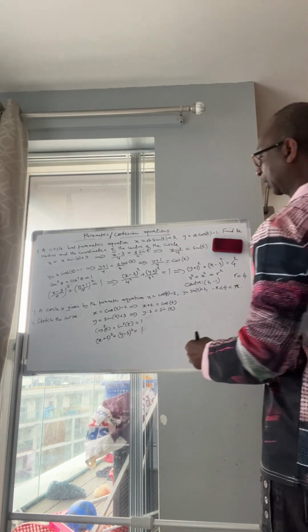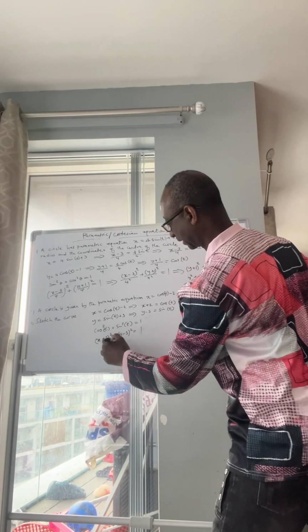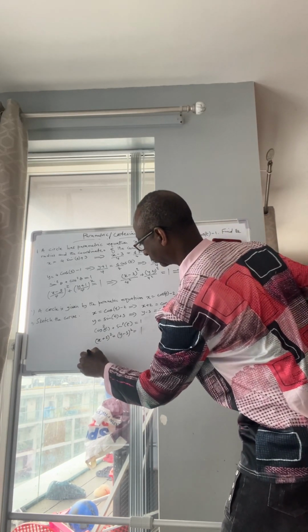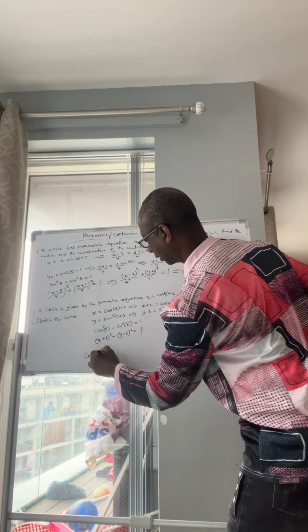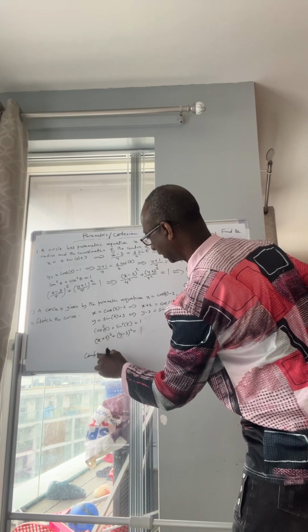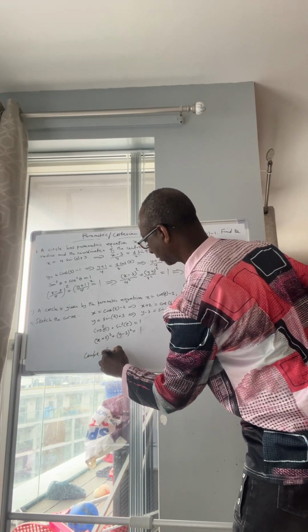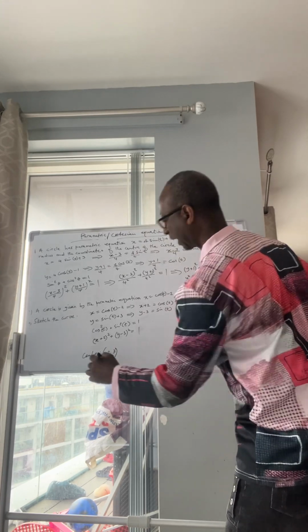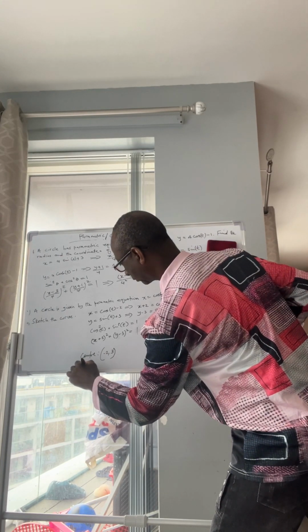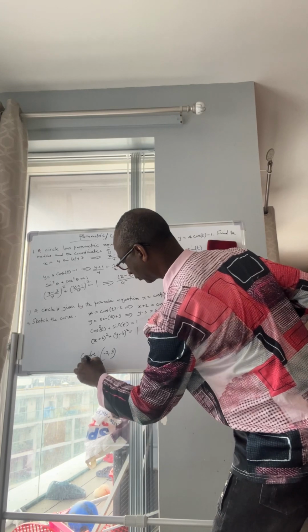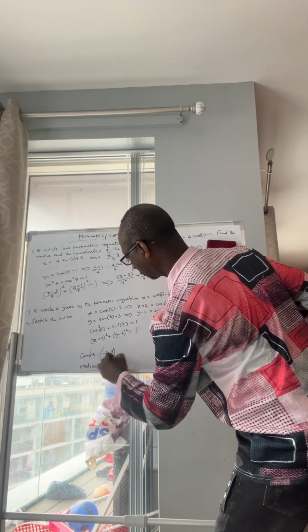Right? So we now know the center of this circle is x is minus 2 and y is 3. And the radius of this circle is 1 unit.